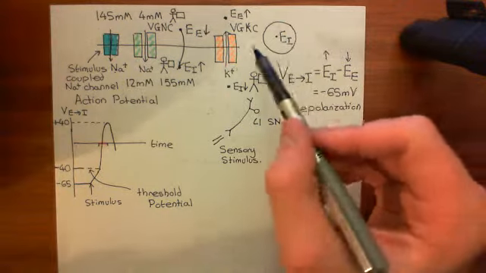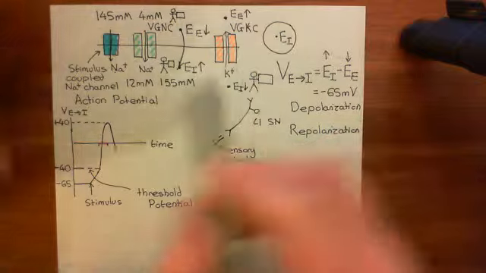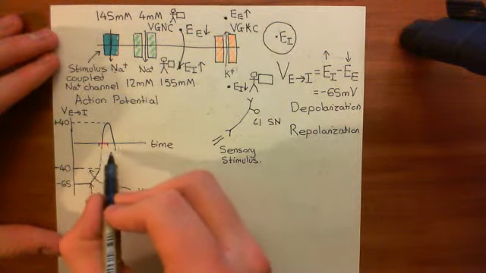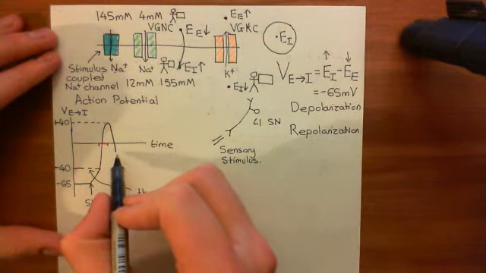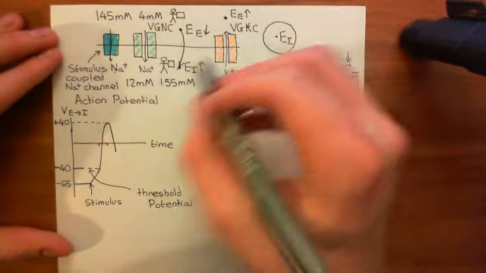Well, the electrical potential difference across the cell membrane at the level that we've got it here, which looks to me around negative 15 millivolts, is not strong enough to stop the movement of potassium out. So the concentration gradient will win.